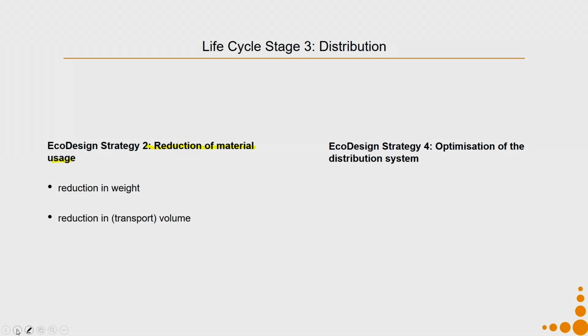Another strategy, the EcoDesign strategy 4 over here, is optimization of the distribution system in itself. You have to optimize it so that it can use less packaging, clean packaging or reusable packaging. Energy efficient transport mode, again you can calculate both these aspects from the iDemat app.